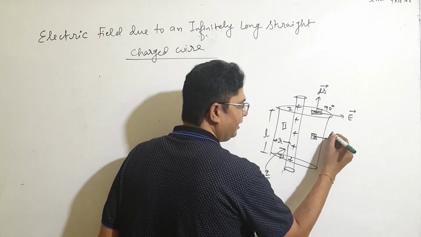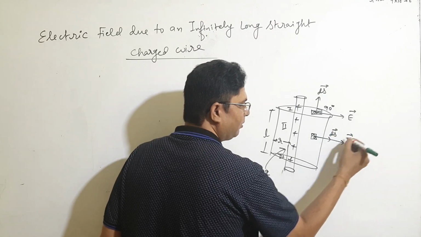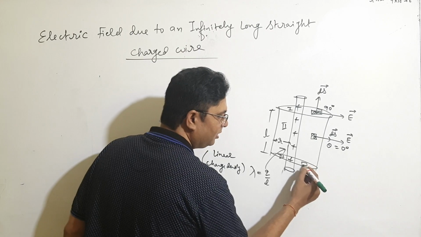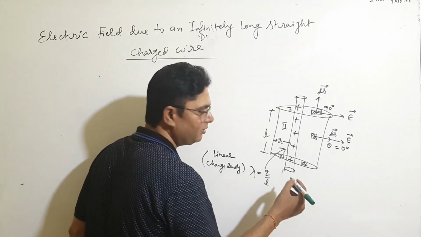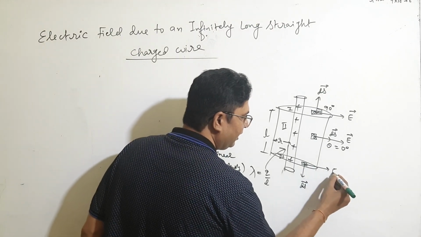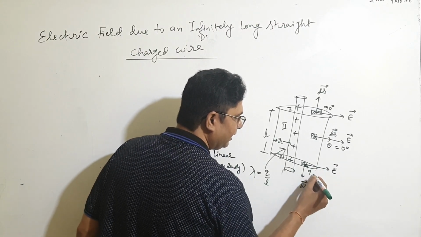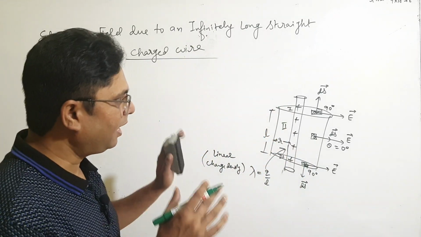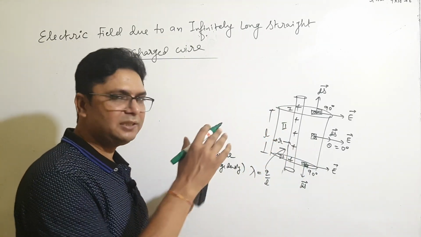So again you have ds here. Electric field is in the same direction. So theta equal to 0 degree. We have a third small surface on the third surface. This is ds and this is electric field E. So the theta is 90 degree here. So we have drawn the Gaussian surface and we have seen that there are three surfaces.